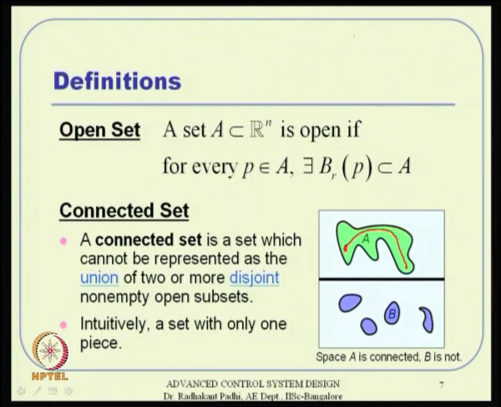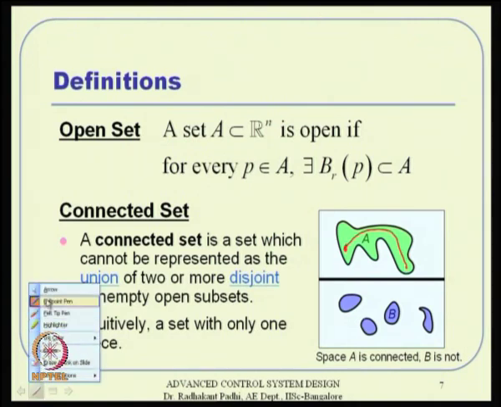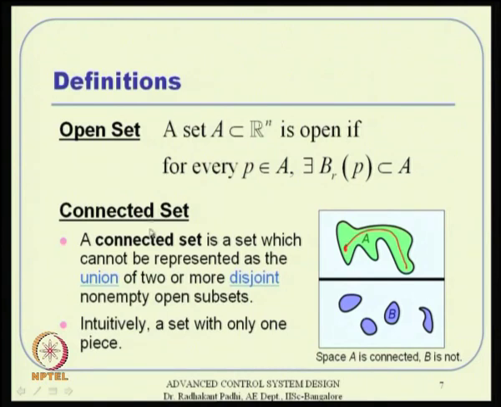And that is the meaning of a connected set, and we are interested in that because the trajectory of the system that we are talking about has to evolve within the set itself, right. If it goes out of the set, then obviously we are not interested in that kind of concept.